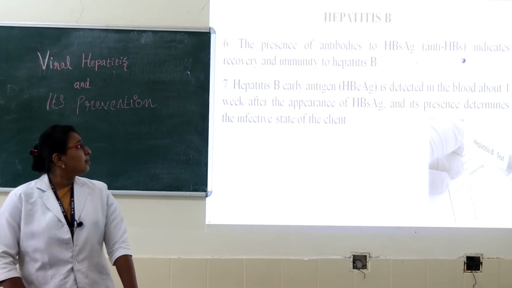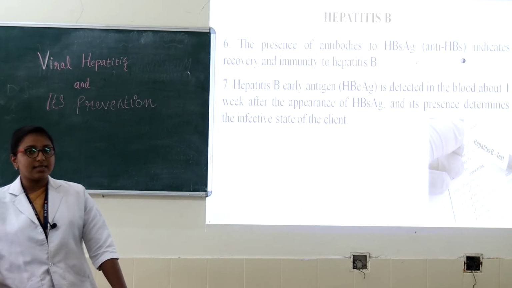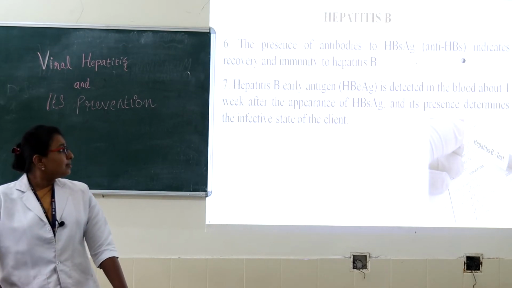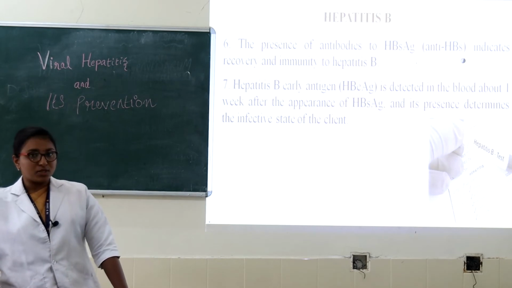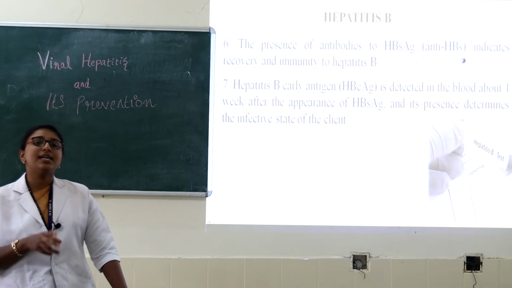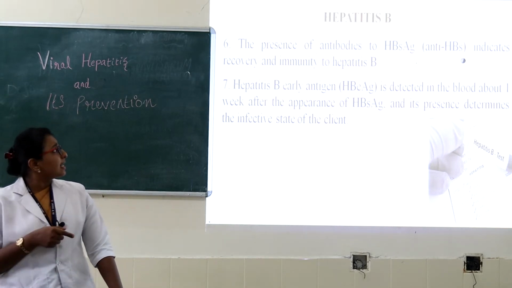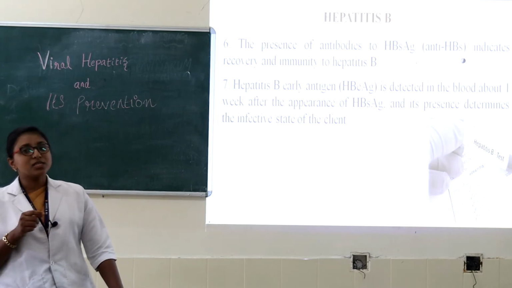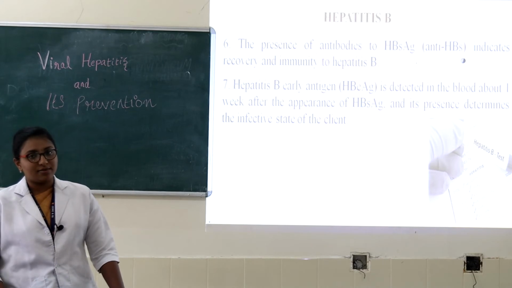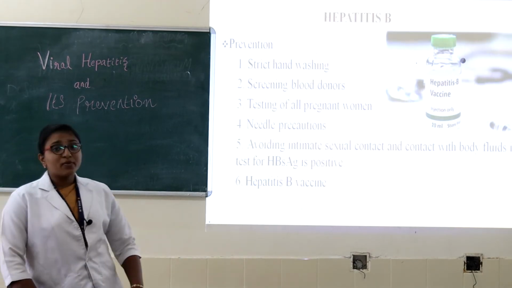And also one more serological screening, that is hepatitis E antigen, that is hepatitis early antigen, detected in the blood indicates recent infection also. So the recent infection suggests hepatitis surface antigen as well as hepatitis early antigen. Antibody against surface antigen shows that the patient is immunized against hepatitis B virus. Okay. And we can see the prevention.